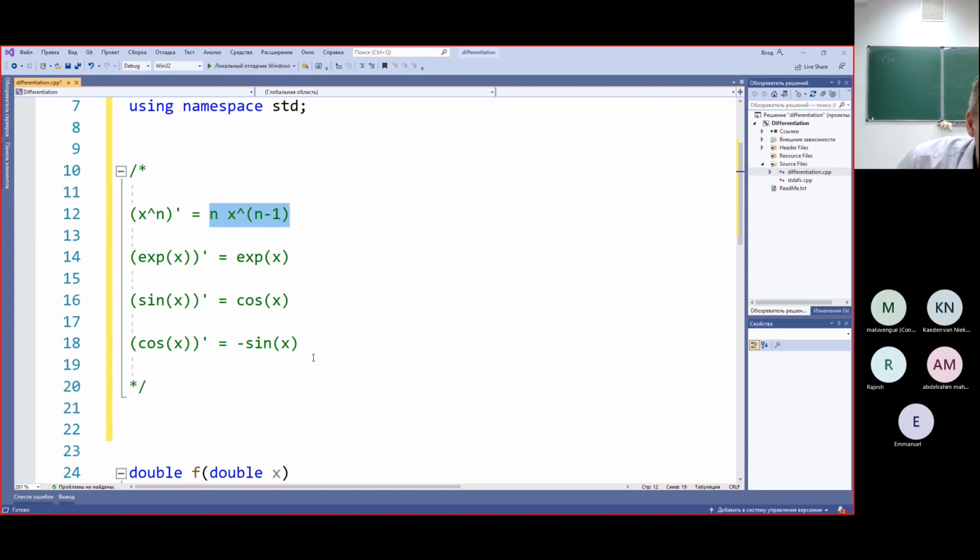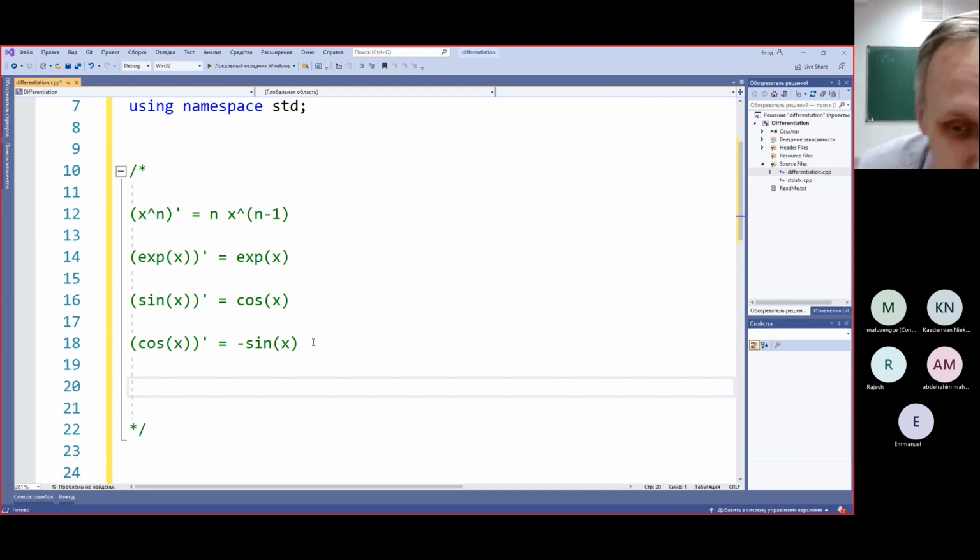Well, and what is the problem of this lecture? The problem is that sometimes we should calculate a derivative of a function that we don't know. Of course, if we know nothing about the function, we cannot calculate the derivative.